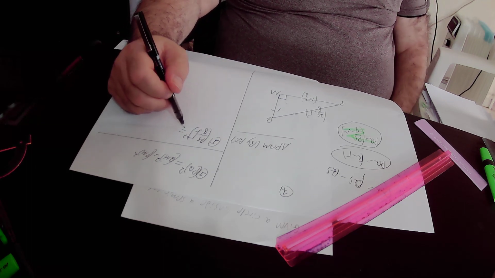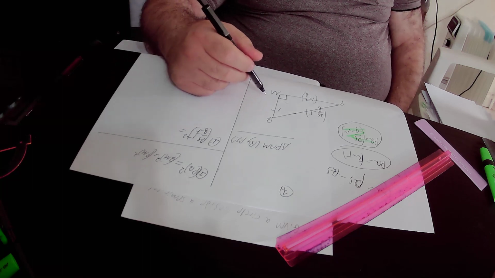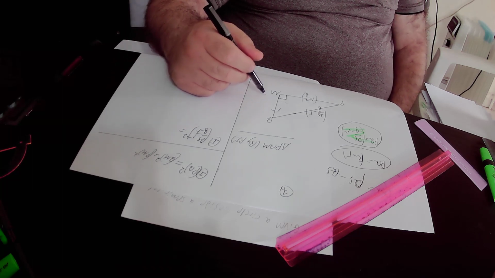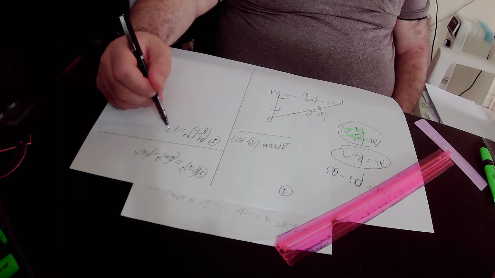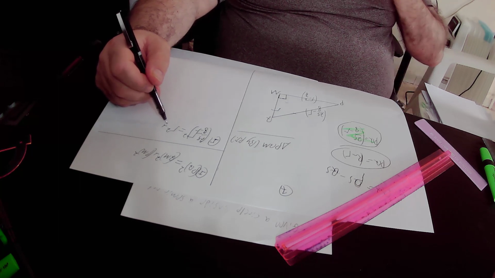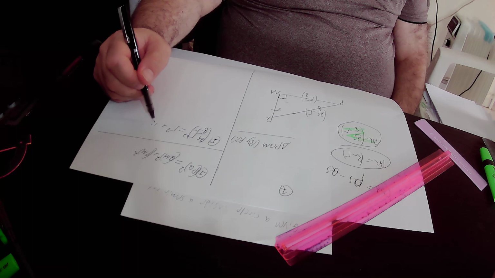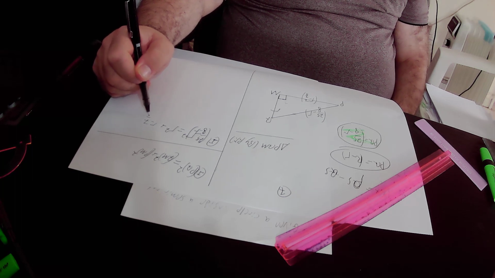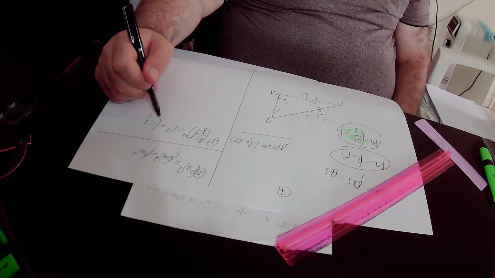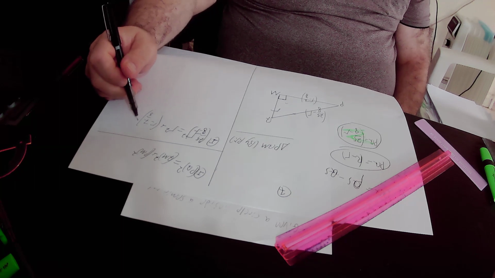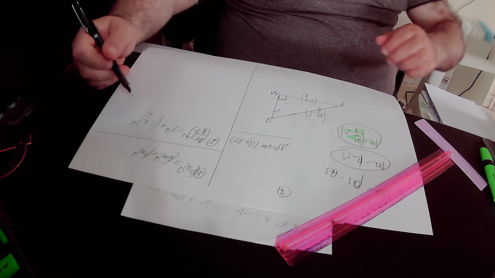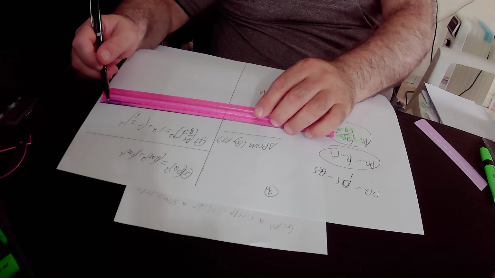That is equal to QM square. QM equals small r, so QM square equals small r square, plus PM square. PM equals r minus 7/8, so PM square will be equal to (r minus 7/8) squared.